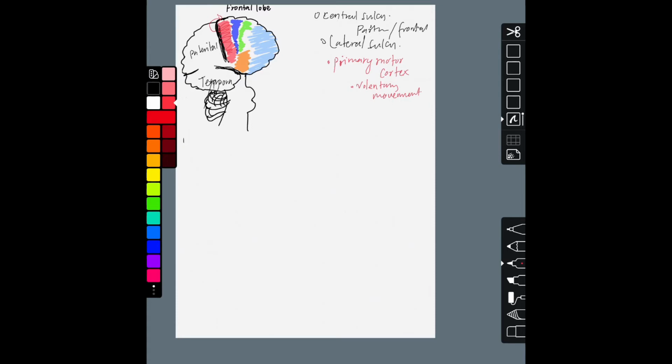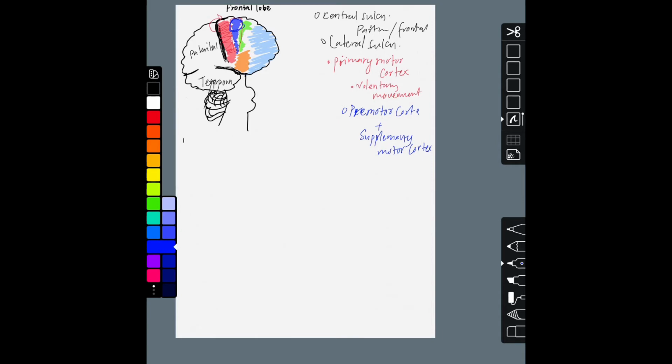Then anterior to this, there is this blue color line. This is made from two components. One is premotor cortex, and another is supplementary motor cortex, or area.